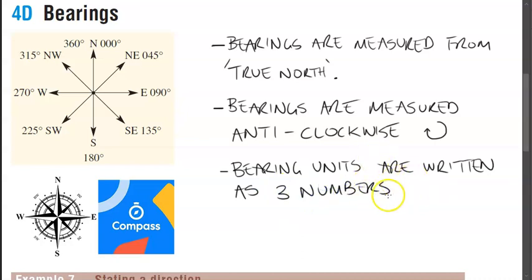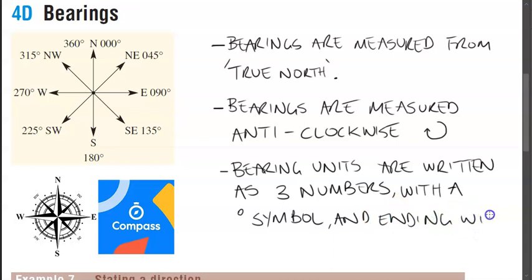The bearing units are written as three numbers with a degree symbol, and I'll just put that there, that's to indicate degrees, and ending with the letter T. Now we say the letter T because the letter T just stands for the word true.